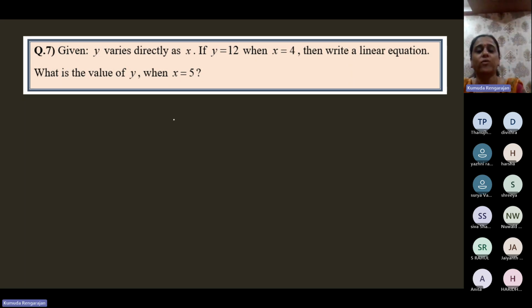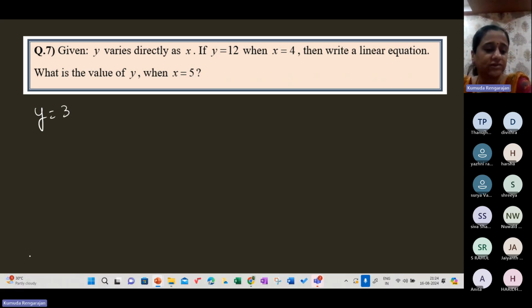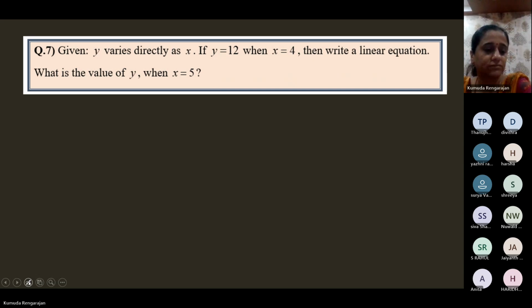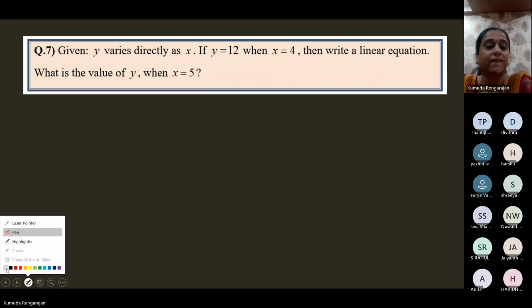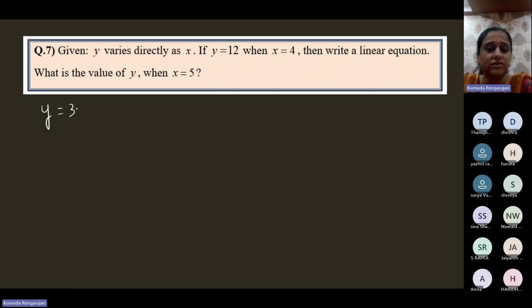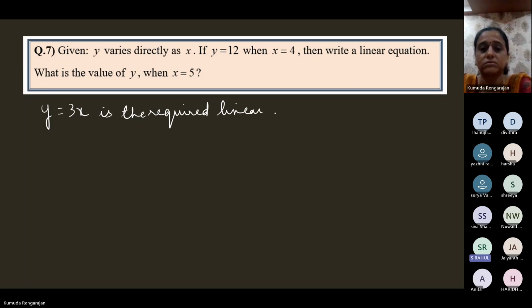So if y is 12 when x is 4, then write a linear equation. So what do we see? So y is equal to 3x is the required linear equation.